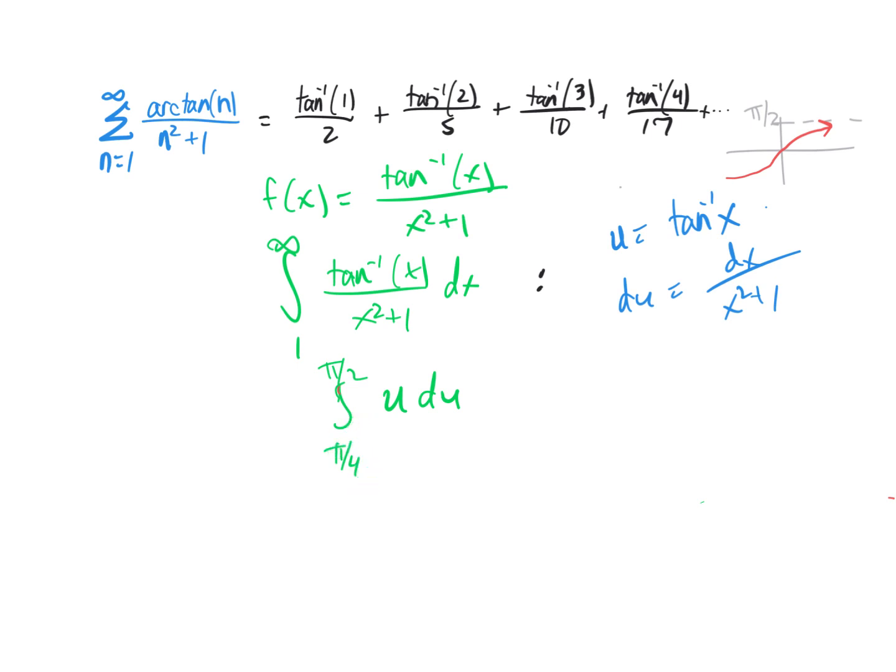So we get this result, which is clearly a constant. Let's see, pi over 2 squared is pi squared over 4, so pi squared over 8, minus pi over 4 squared, which is pi squared over 16, divided by 2, so pi squared over 32.